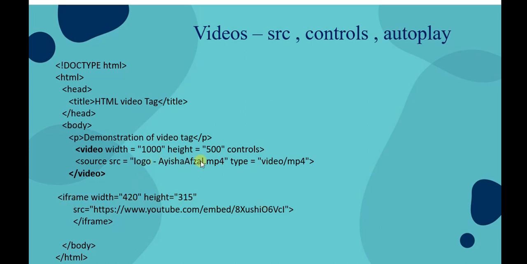Instead of giving the name of the mp4, you can just give that link. Width and height you can specify normally. Why iframe? For video you can insert your normal video. With iframe you can separate your web page and insert your YouTube video. We can see more details about iframe in future.